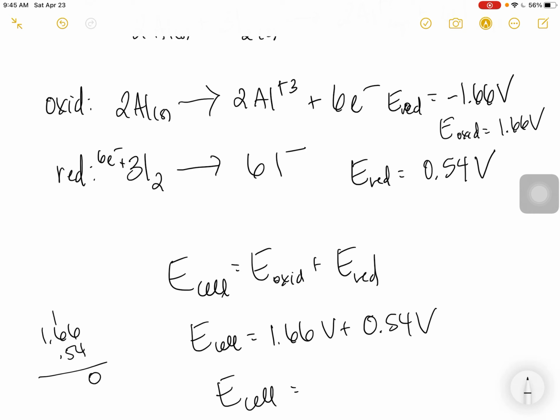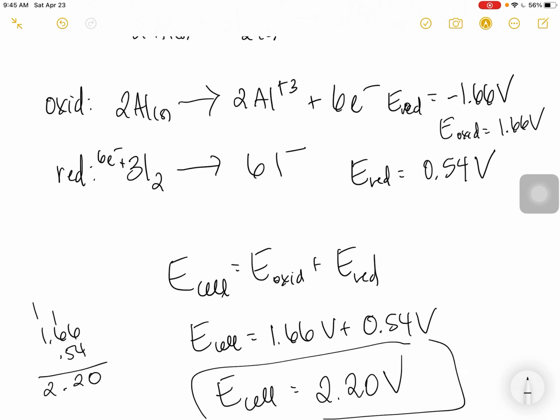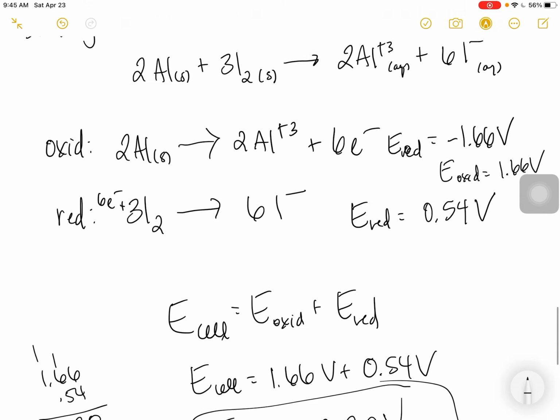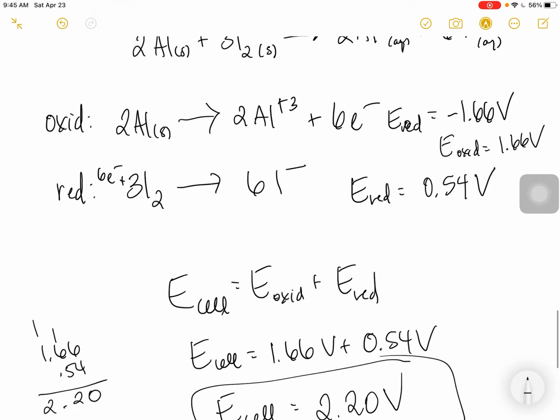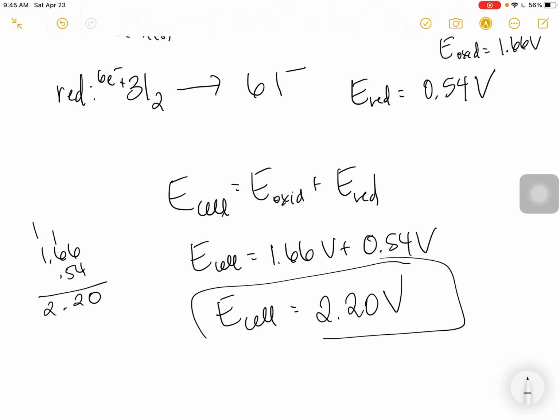And what is that? 1.66 plus 0.54, so 2.20 volts. Positive is the motive force or the EMF or the cell potential or the voltage of this voltaic cell, and you would absolutely say, oh yes, this is definitely a spontaneous reaction, it's producing a positive voltage.